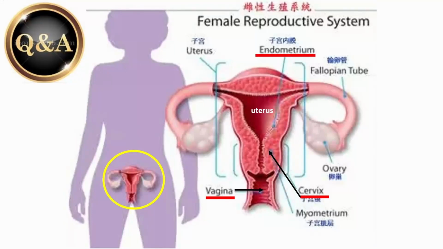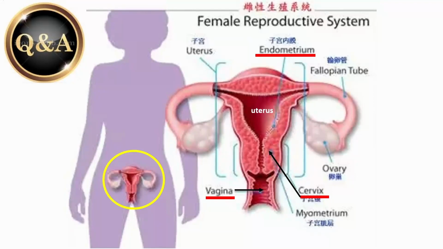Now, in this uterus, there is a cavity, and the cavity is lined with special cells called endometrium. This layer is going to receive and do the implantation of the embryo.